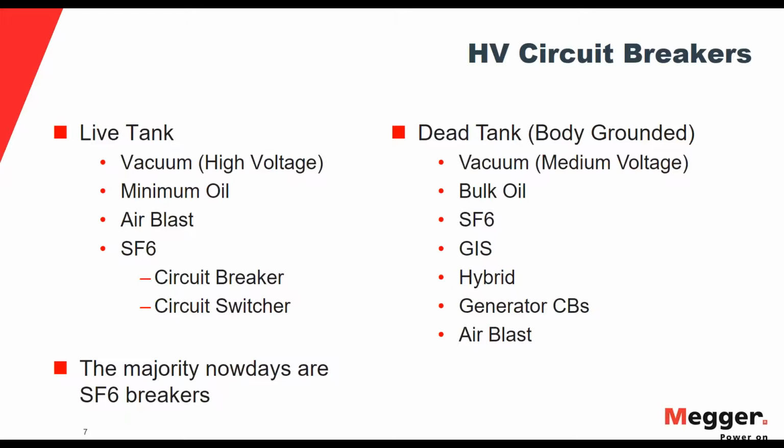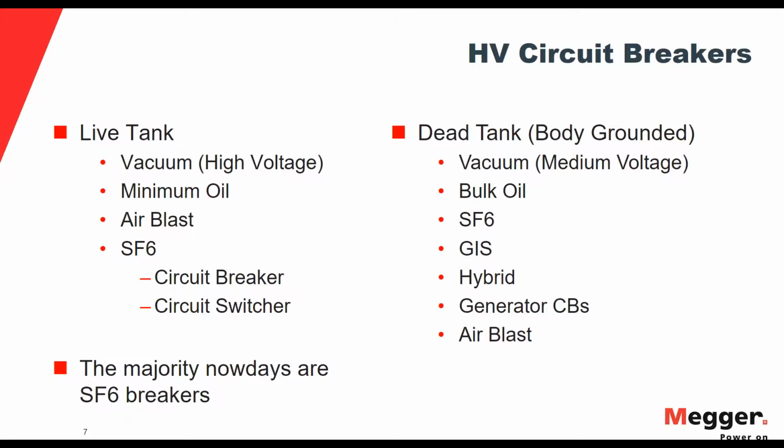Also, there was a technology of air blast. It's a very reliable technology to blast air on the contacts while the breaker is opening or closing to cool them down and to extinguish the arcing.